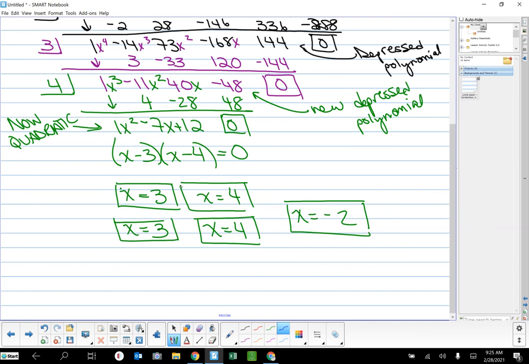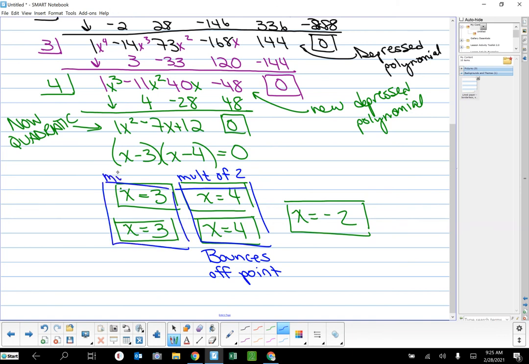But when we have a root with a multiplicity of 2, on the graph, it bounces off that point. And this one also had a multiplicity of 2, right? The 3 happened twice. And again, on the graph, it bounces off that point. If it only happens one time, then on the graph, the line is going to cross through that point.